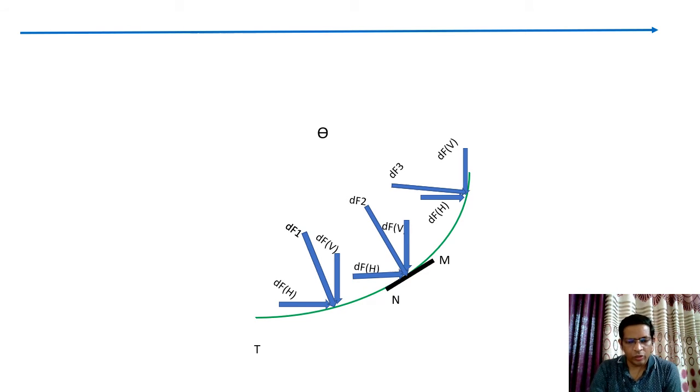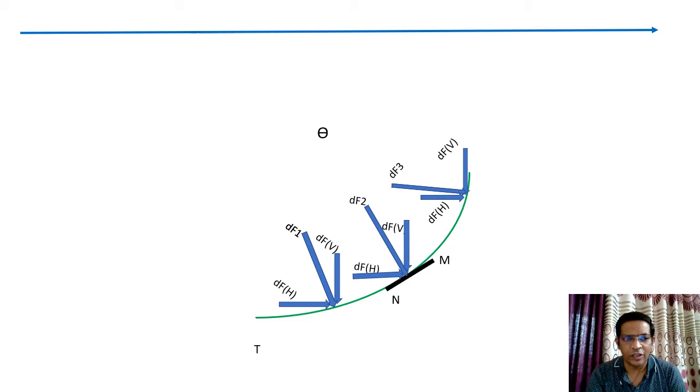If we resolve the individual forces dF1, dF2 and dF3 into horizontal and vertical components, the horizontal components of each force are parallel to each other, and similarly the vertical components of dF1, dF2 and dF3 are parallel to each other.